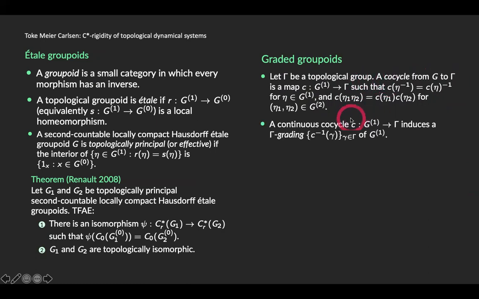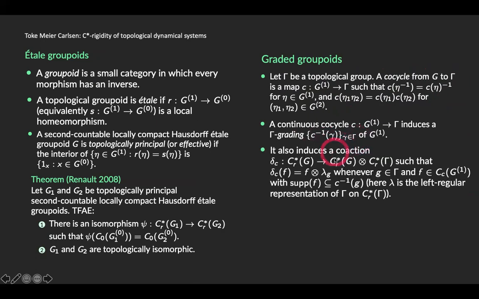Such a cocycle will introduce a grading on the groupoid, and it will also induce a coaction on the groupoid C-star algebra. Sorry, how does a cocycle differ from a groupoid homomorphism? No, it's the same. When the homomorphism goes into a group, it's often called a cocycle, but it is just a homomorphism.